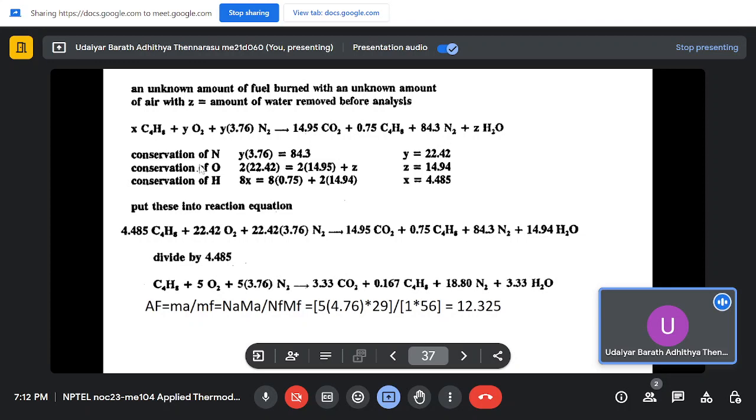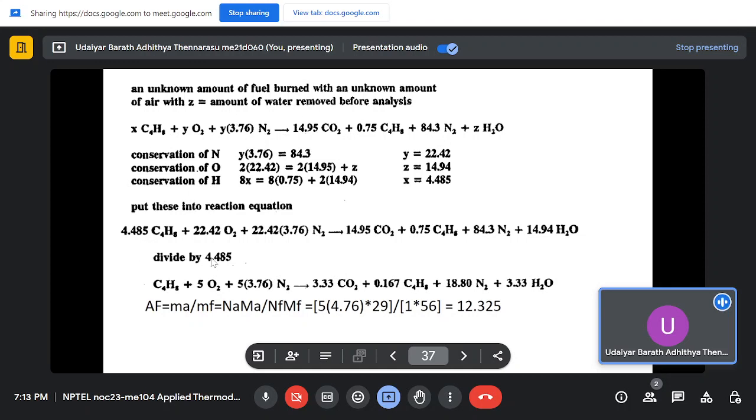So we are doing a hydrogen balance. 8x equals 8 into 0.75 plus 2 into z, we have calculated 14.94, so x will come out to be 4.485. So 4.485 moles of fuel is used and 22.42 moles of air is used.